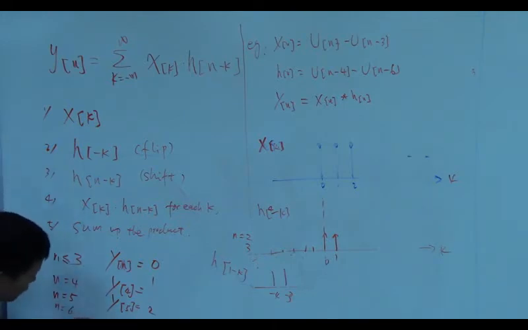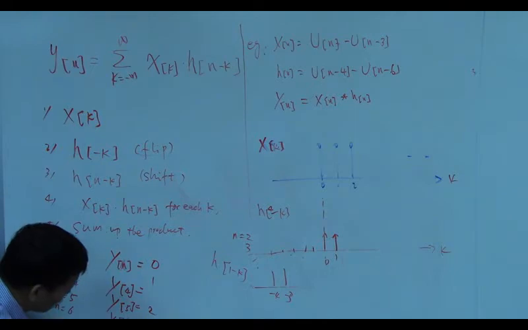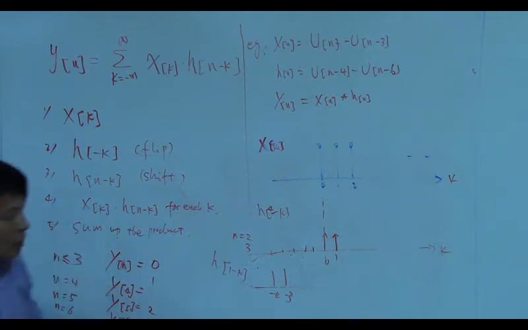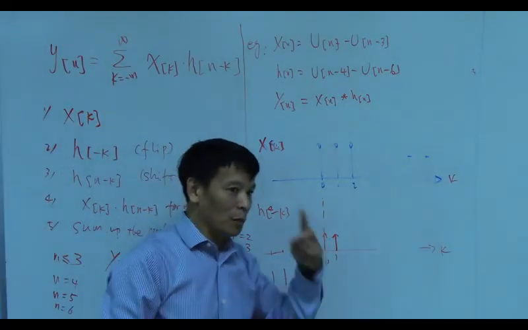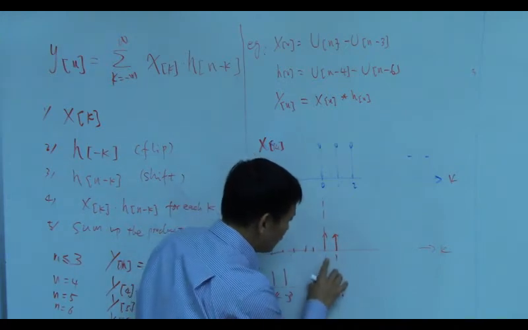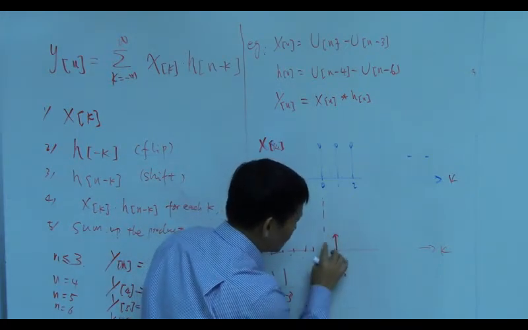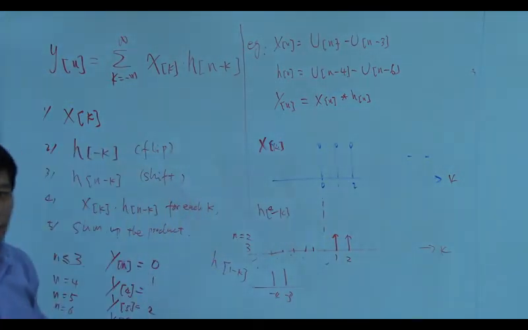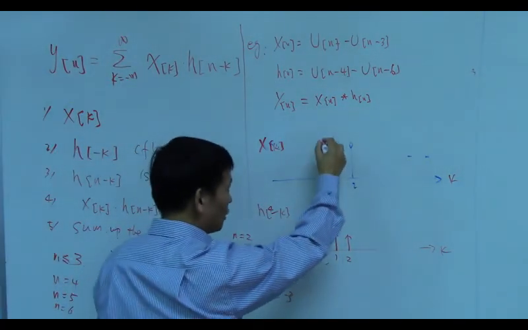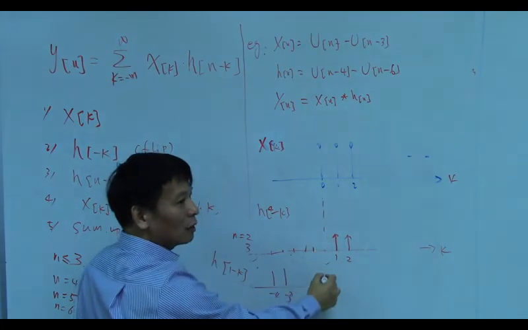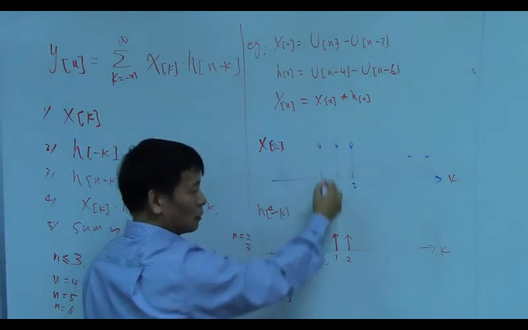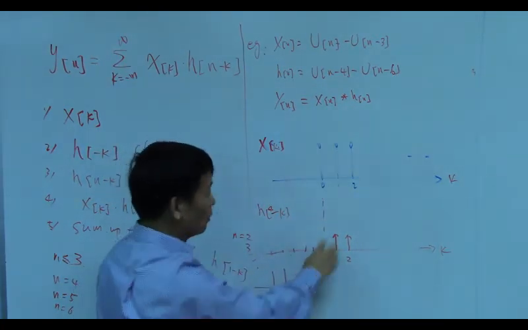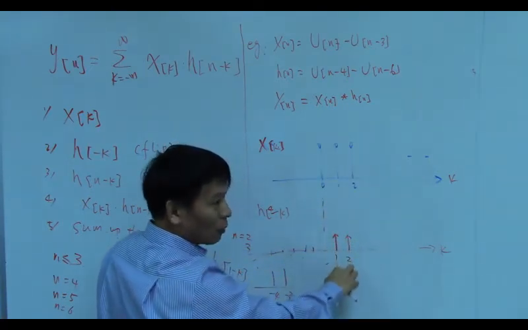N equals 6. Give us output y[6]. I continue to shift this one to the right by one time. So this one will be here, and this one will be here. So 1 and 2. You multiply. What do we have here? Nothing, because this one is not here anymore. This one, 1.